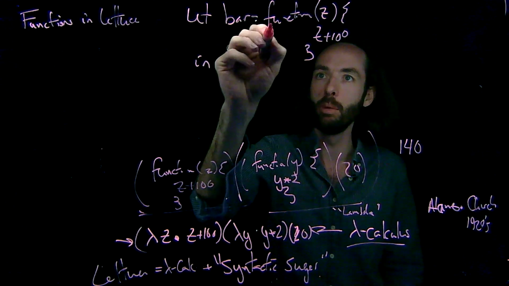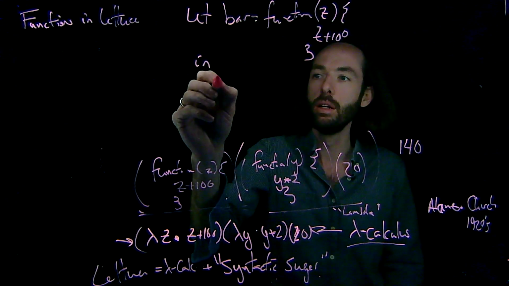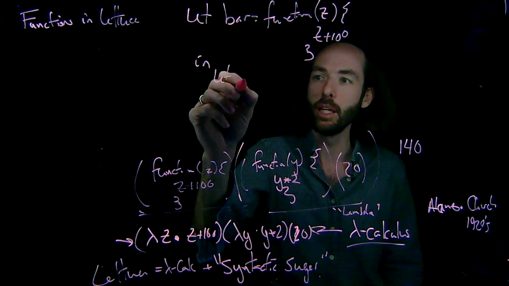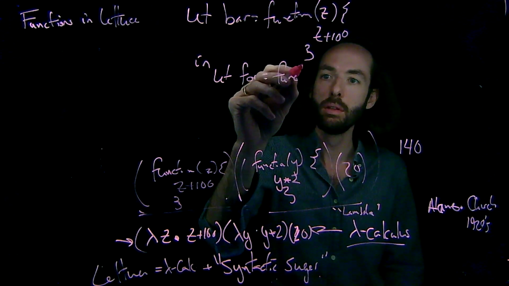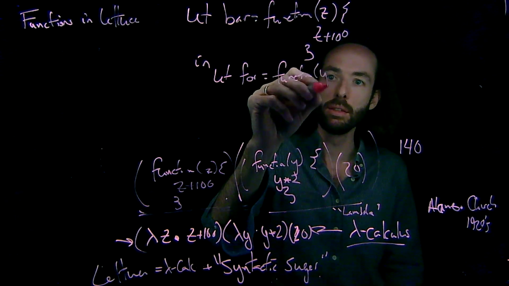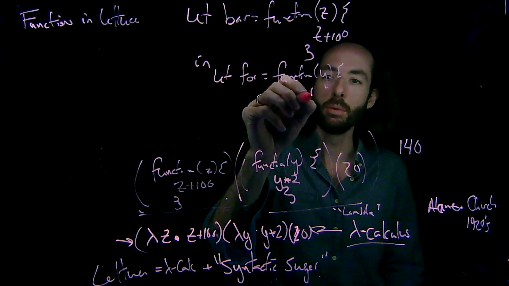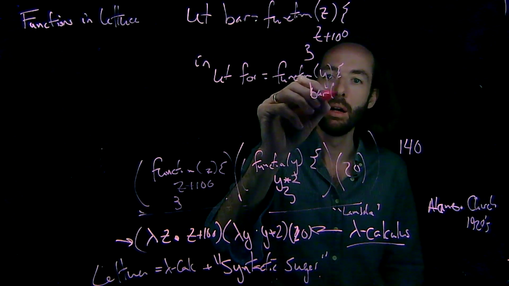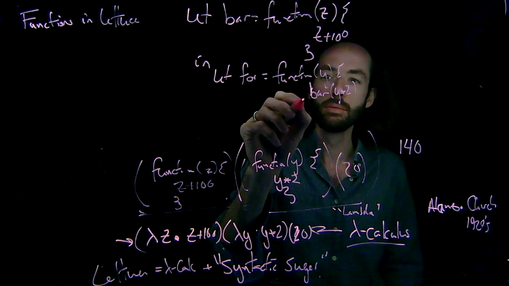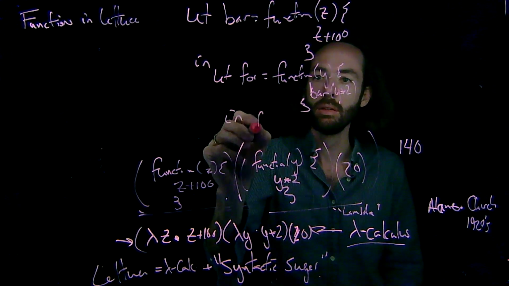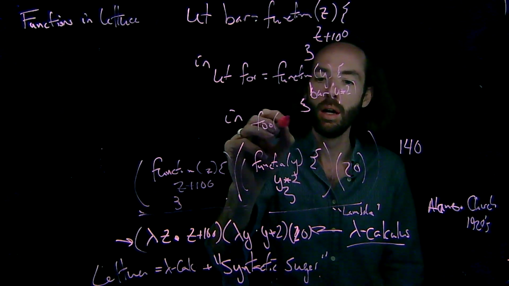So we've just defined bar to be this anonymous function, and then we'll have another let statement, let foo be a function, which takes in a y, and returns bar of y times 2 in foo of 20.